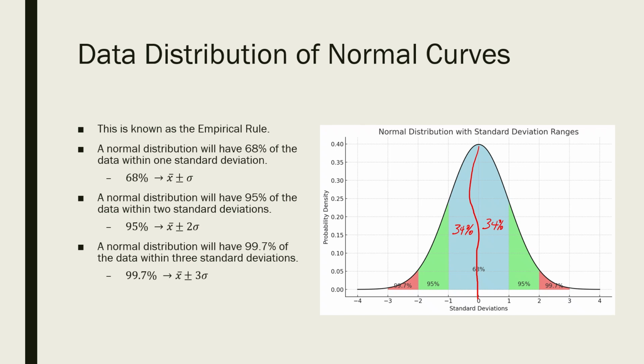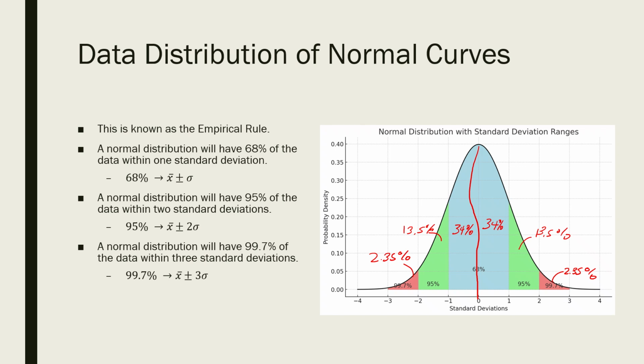Here, this green is 13.5% of the data. And then these little red areas are 2.35% of the data. Okay, and that is because this is symmetric, so everything is the same on either side of that line. Okay, this will be important.